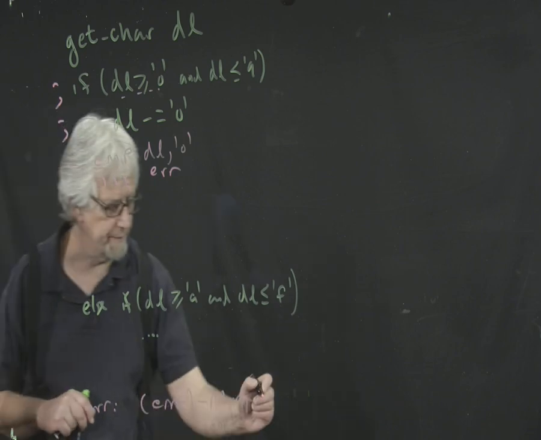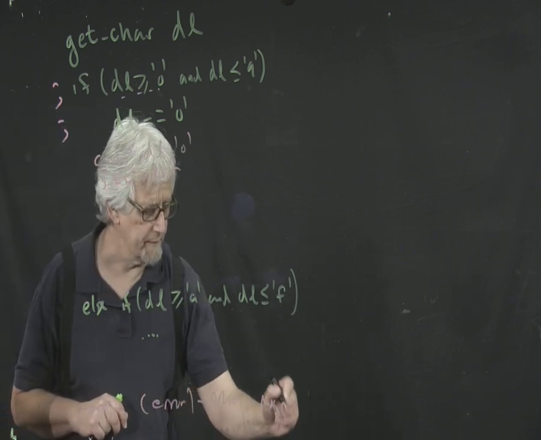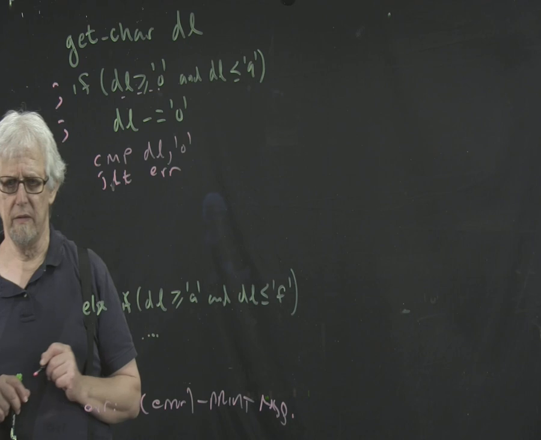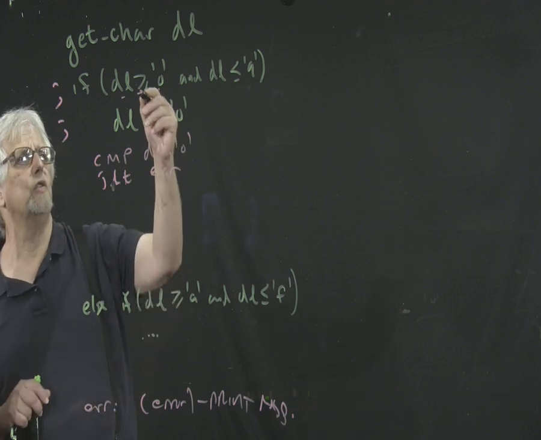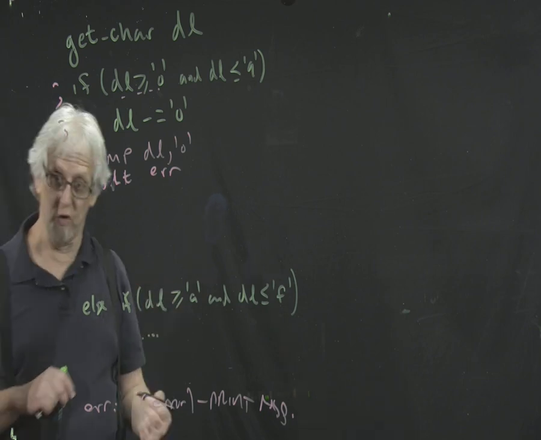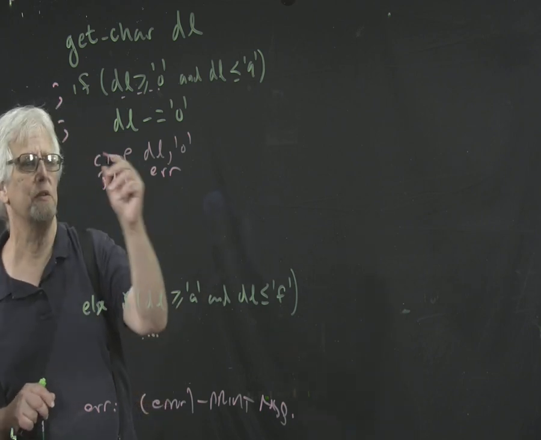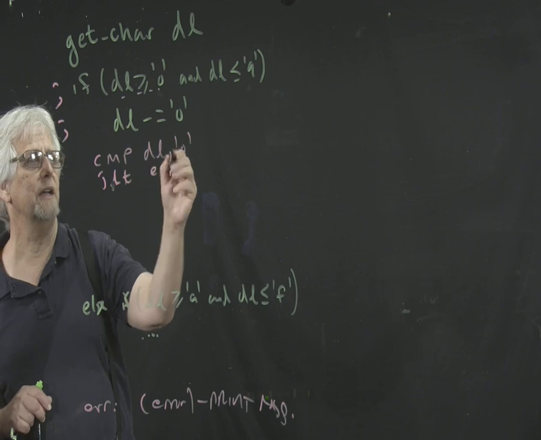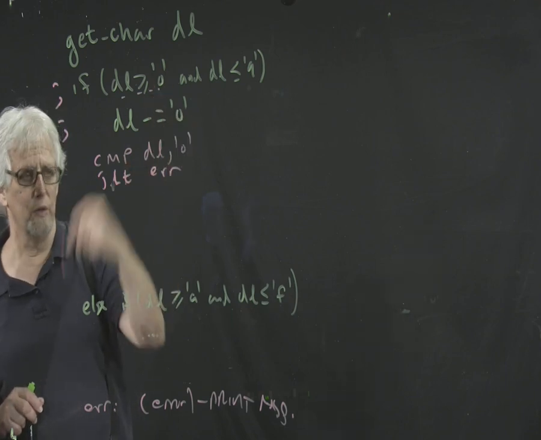Print message. Okay? So you've already taken care of sort of the biggest else over here by just doing that. So if we compare DL to 0, it's too small, go all the way down.